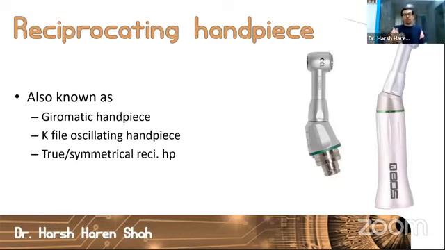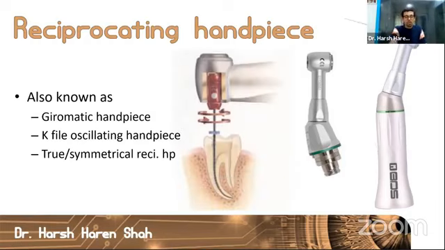It will not be doing a movement of more clockwise, less counterclockwise, or more counterclockwise and less clockwise, which means that the eventual movement of your file, the eventual position of your file will be the same as when you started. There will be no rotational forces acting on this file, which is precisely the reason why instrument separation by this technique is almost impossible.